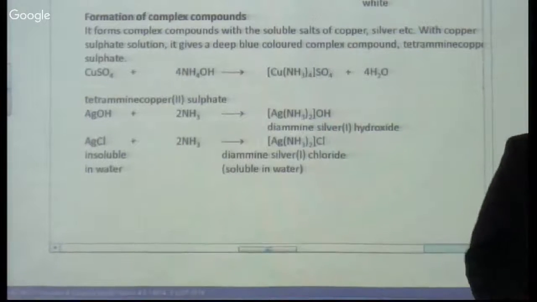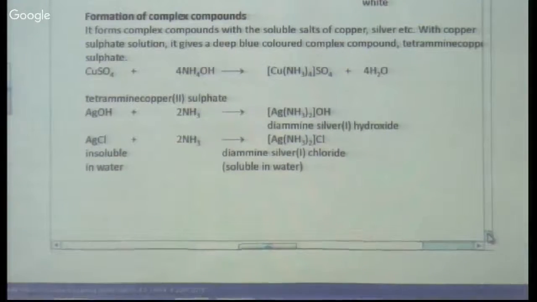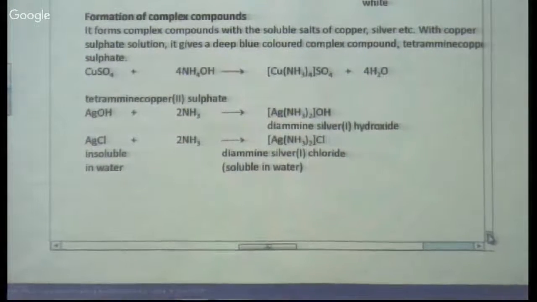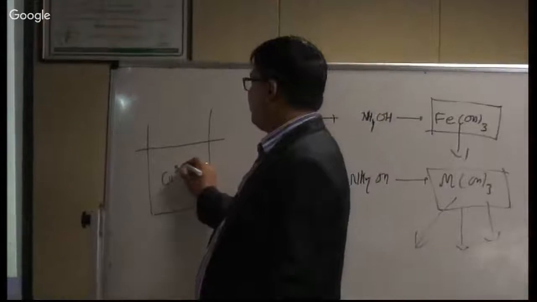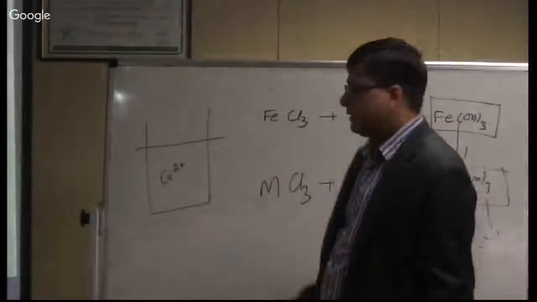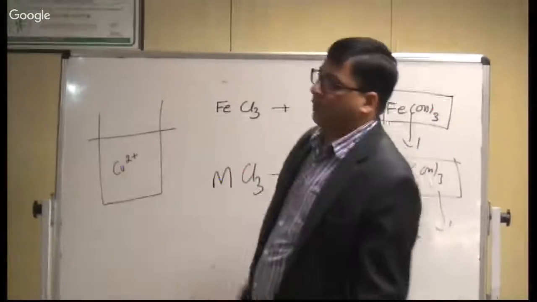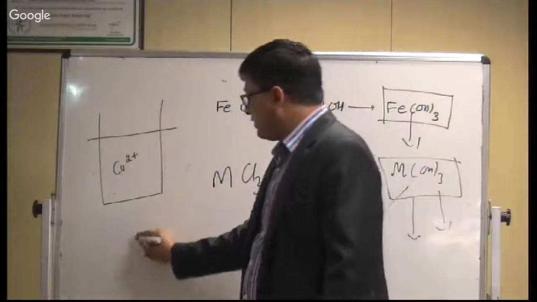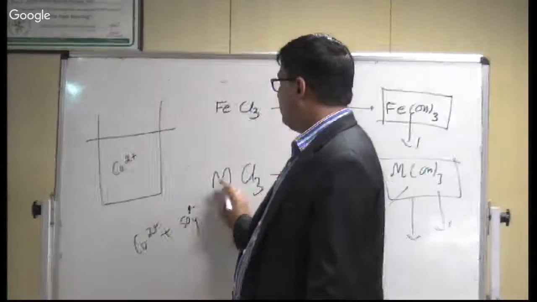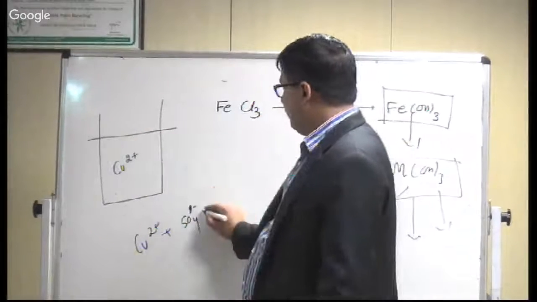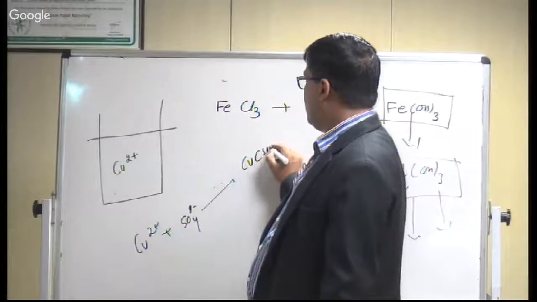To detect, qualitative analysis of Cu2+: a container which consists of Cu2+. This container consists of Cu2+. We add a small amount of H2SO4. So this Cu2+ reacts with SO4 2- to give CuSO4.